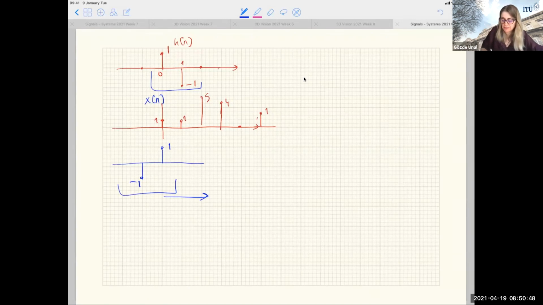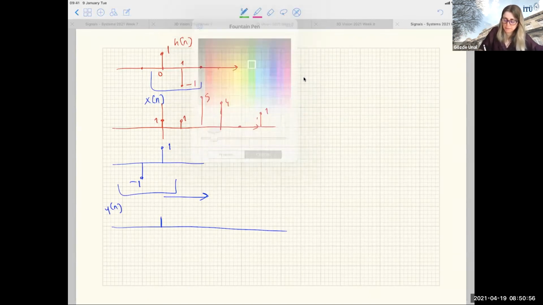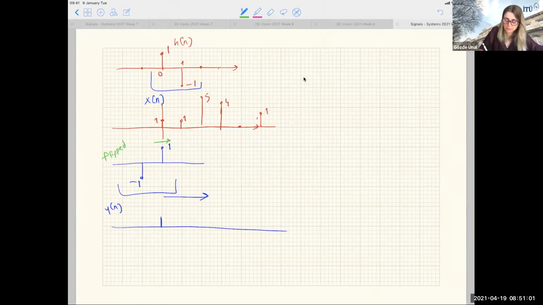So for instance, that's how we calculated actually. I would say, hey, this sum is 1. So at y of n, I have 1. Now shift this filter. This is flipped h, so this is h of minus k, actually, let's say. Because n minus k, for instance, I will need h of 1 minus k.